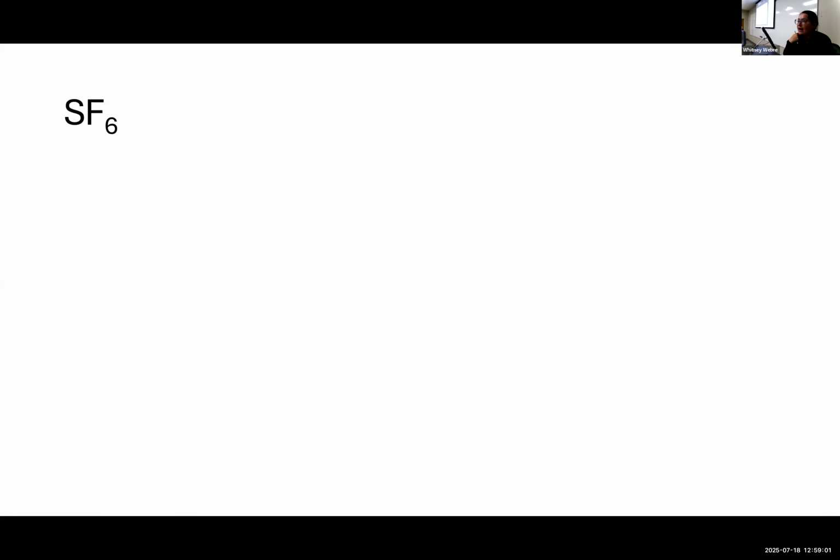You have to be able to draw it out. It doesn't change how we do Lewis dot structures. You start with the valence electrons. Sulfur is in column 16, so that's 6 valence.